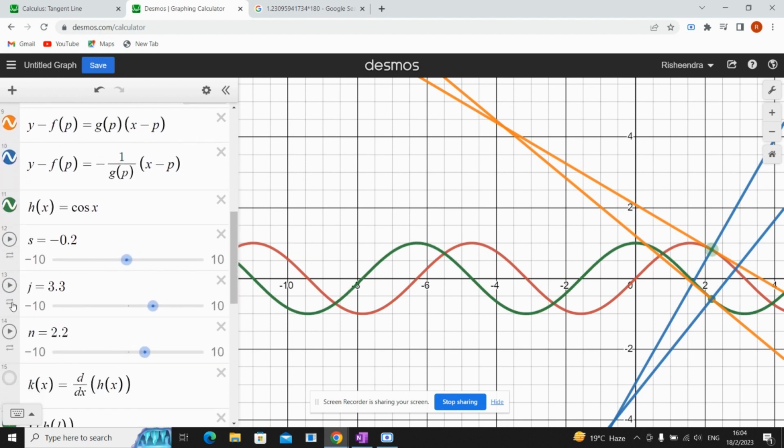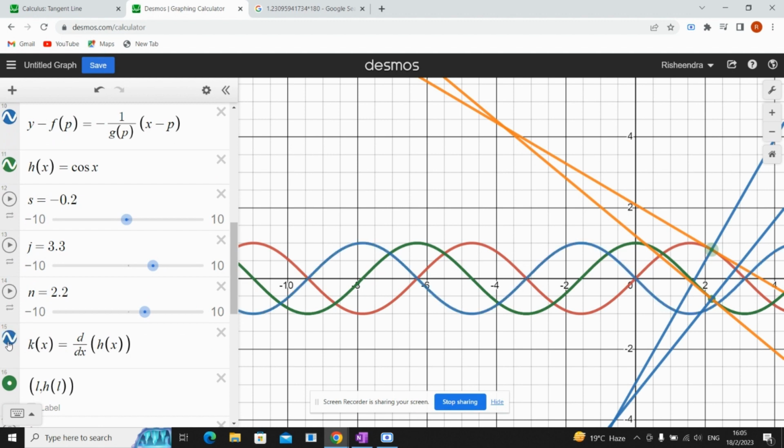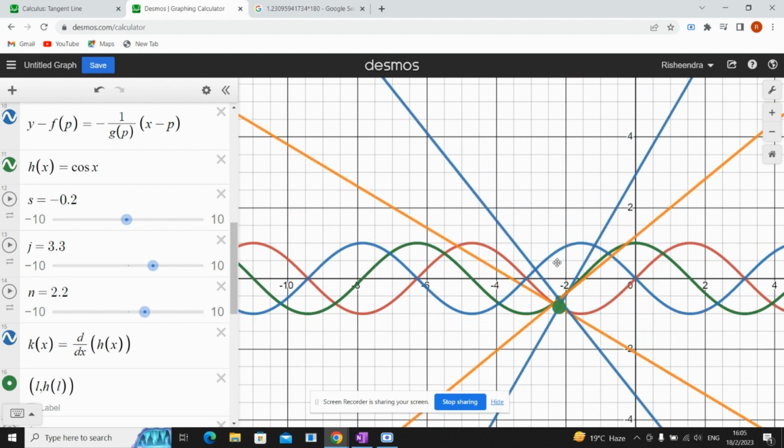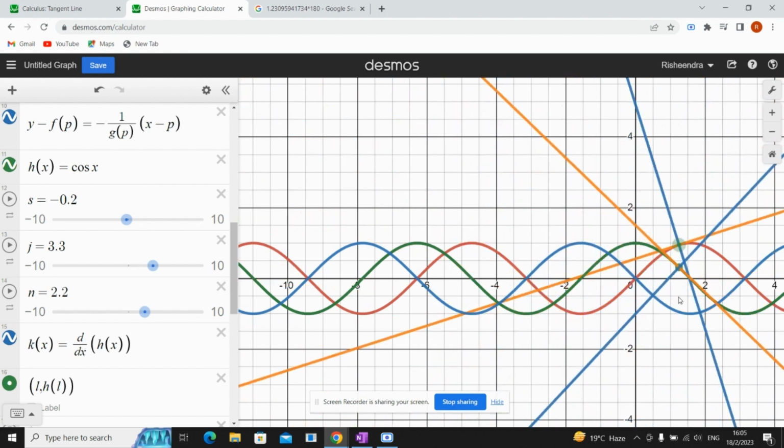But when we get the k of x, it is minus sin x. Look, how this minus sin x looks opposite to the sin x graph. Look how the red graph and the blue graph look. These two look totally opposite to each other, right? Hey, I have an idea.